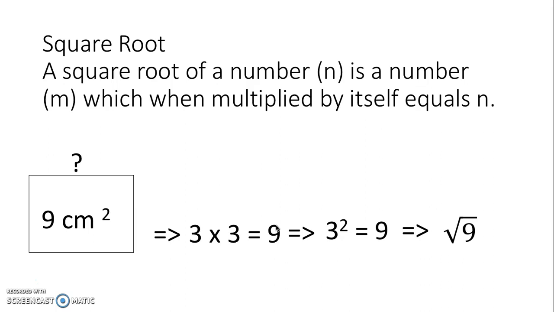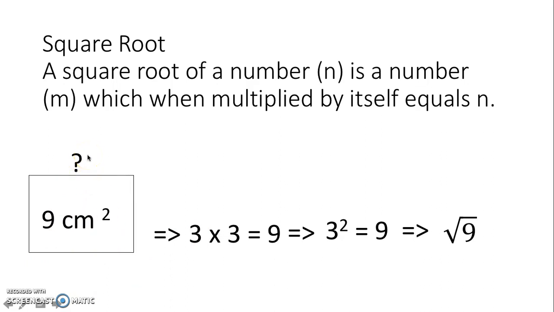But as we went over in class today, if we have the area of a square, sometimes we want to find out what a side length is. If we have a square here and the area was 9, we want to know what one side length equals.